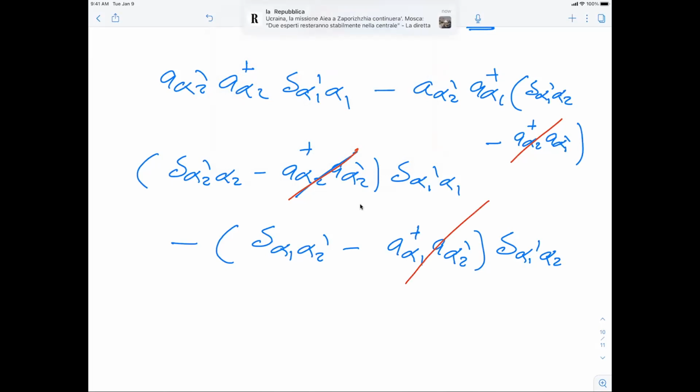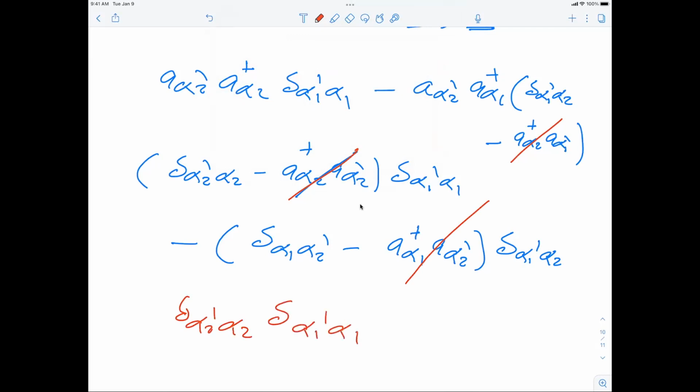So what we end up with then is 2 Kronecker deltas. So we would have a delta alpha 2 prime, alpha 2, multiplied with a delta alpha 1, alpha 1. And this contains now minus a delta alpha 1 of alpha 2 prime times a delta alpha 1 prime of alpha 2.